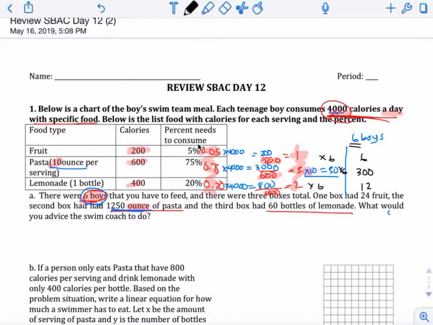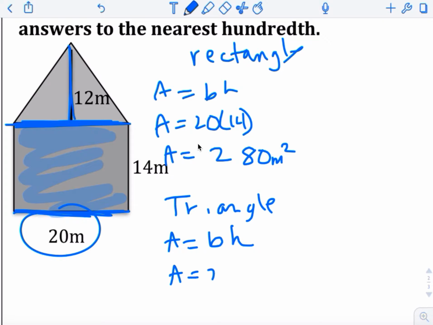And then you've got the triangle. Its base is this whole thing, times this height, and that whole thing is this 20 right there. Base is 20, height is 12.